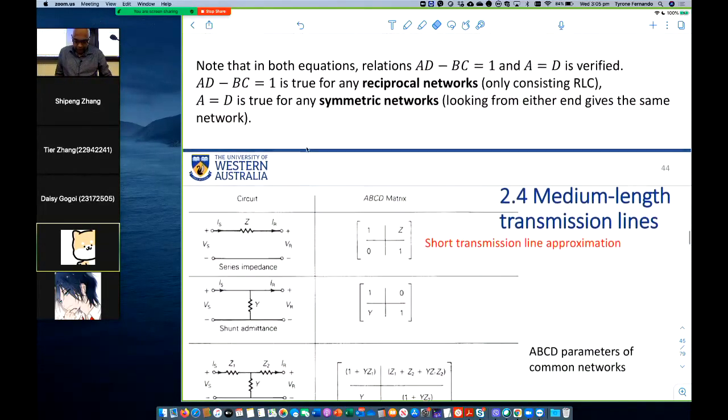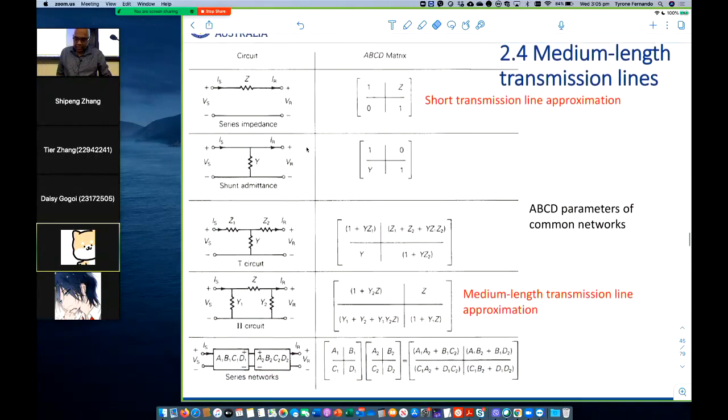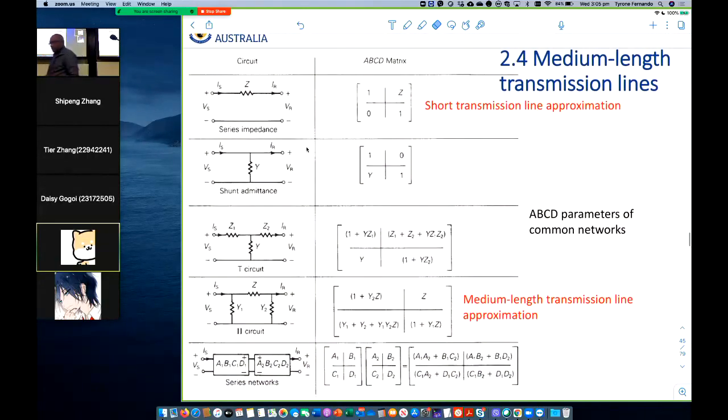Okay, now, here are some ABCD matrices for different types of circuits, right? It's easy, you can derive those ABCD values. On the first row, we have the model for the short transmission line, which is simply a series impedance.